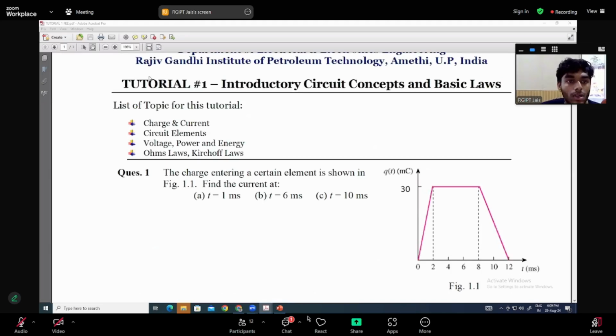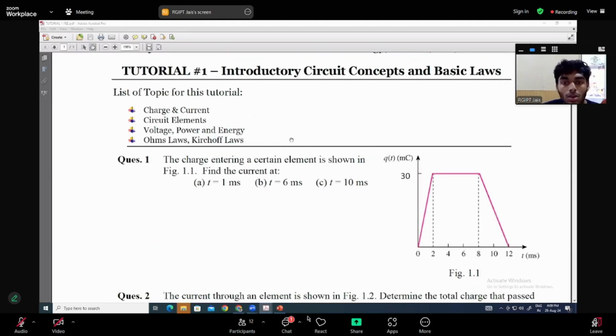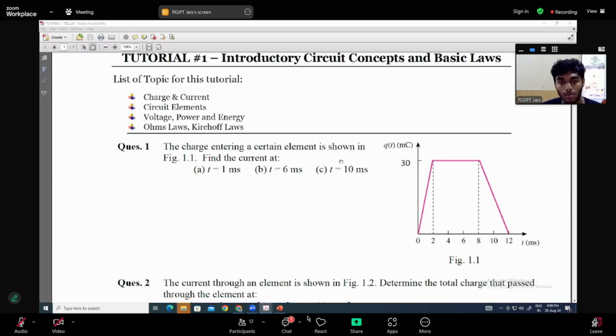Guys, if you haven't got it, I will be showing the tutorial sheet here and I will be solving step by step.